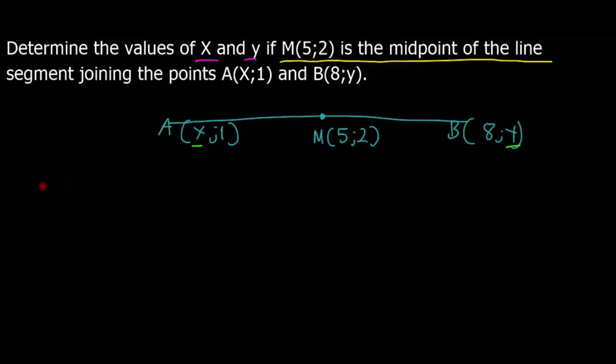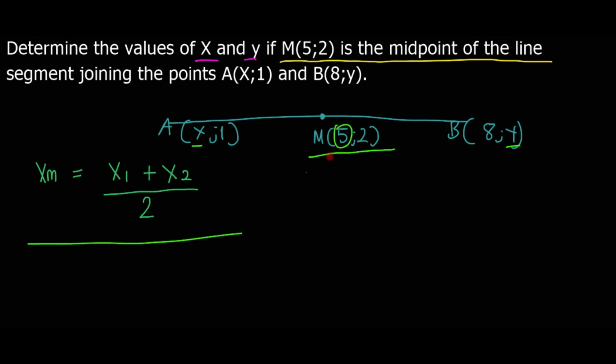When we want the x coordinate of the midpoint we use this one: x midpoint equals x1 plus x2 divide by 2, but this time they give us the midpoint. This one is the x coordinate. We use this formula to find this x coordinate, but in this case they give it to us.